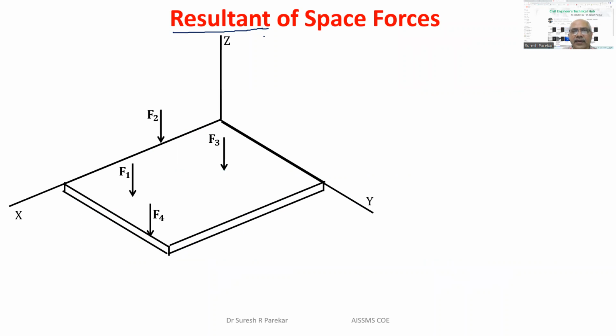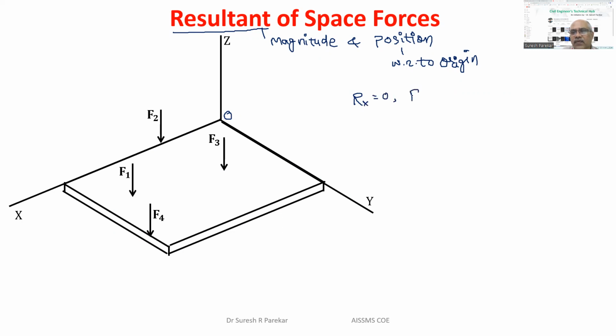For the resultant we have to find the magnitude and the position, but this position we have to find with respect to the origin, which we can call O. First we find the resultant, and we know we have no force in x direction, so Rx is 0.